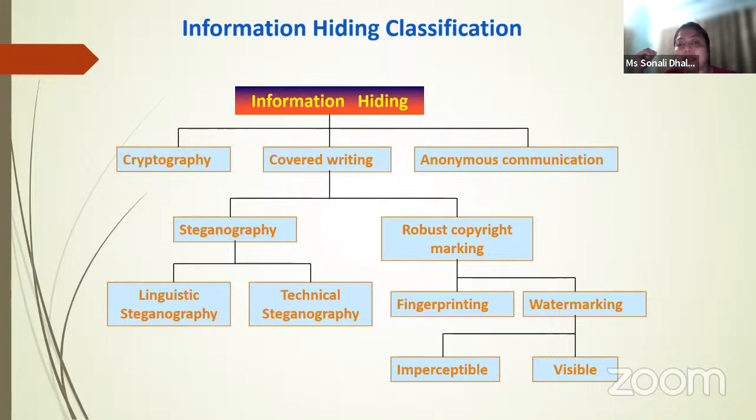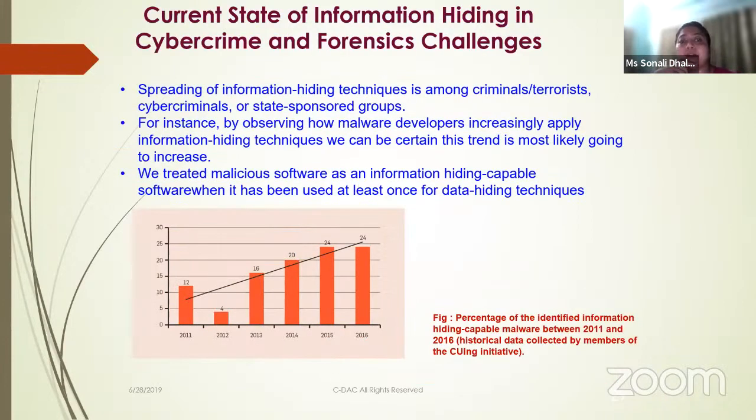Robust copyright marking has two different parts, fingerprinting and watermarking, etc. Now this is the statistics of the usage of steganography and information hiding. The graph shows the increasing usage of different kinds of information hiding.